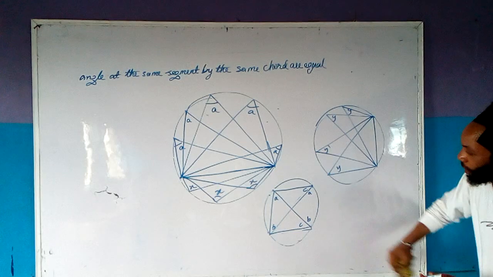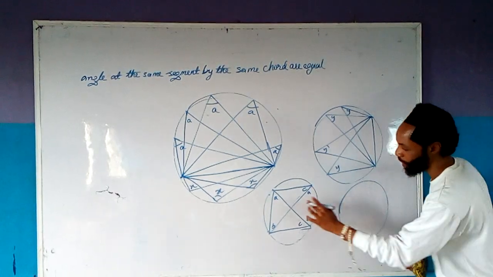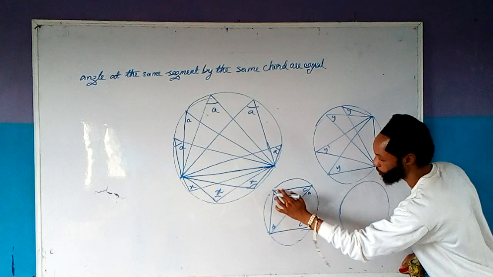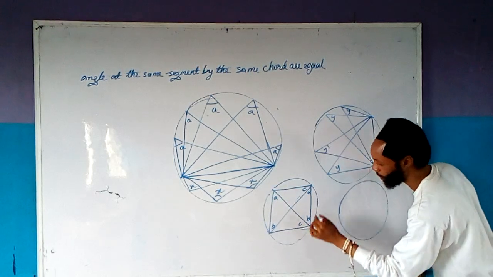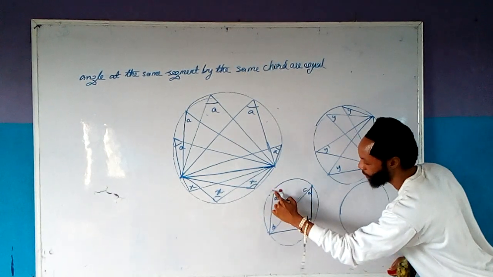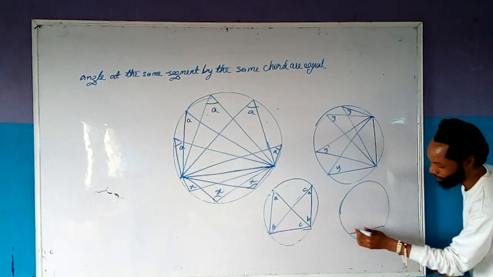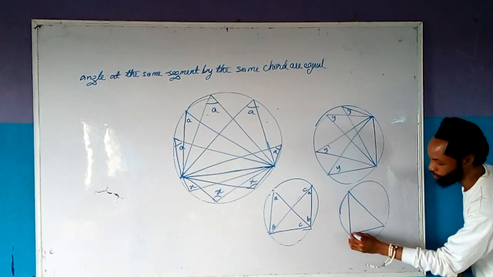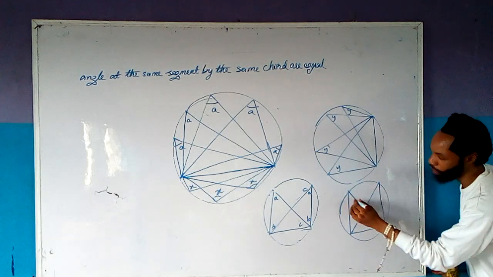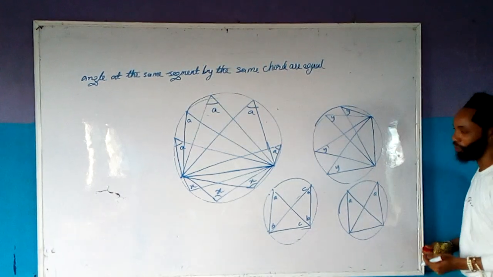Now, let me go back. If you clean this chord here, you're going to have two segments here and here. And this is what you got. So here will be A and here will be A. That's what we are doing.